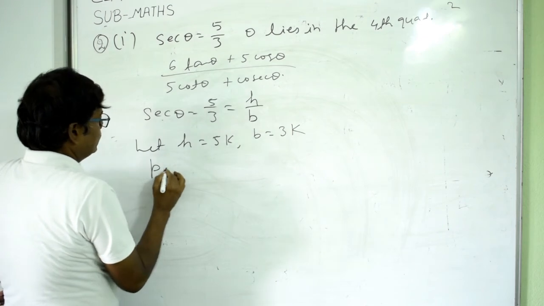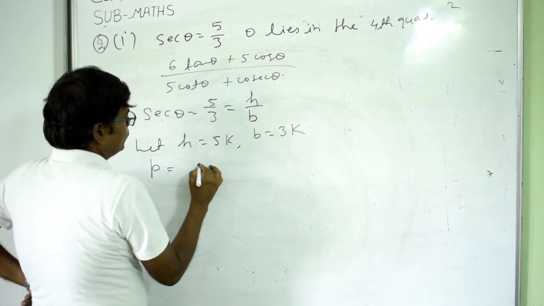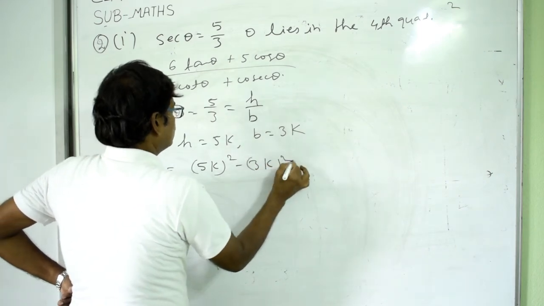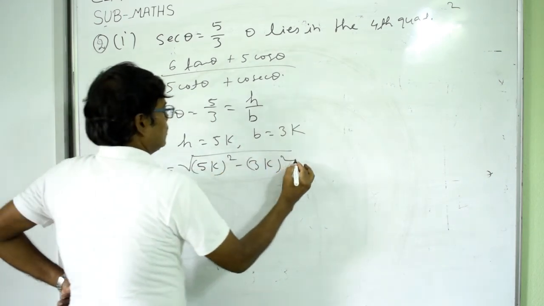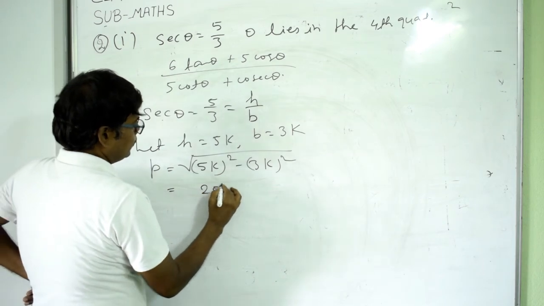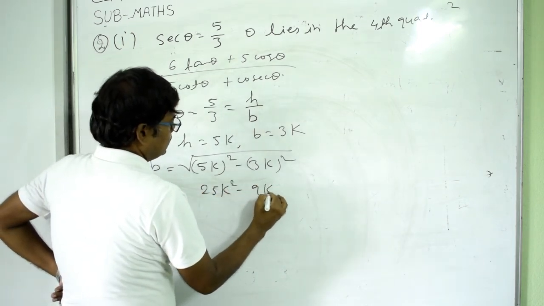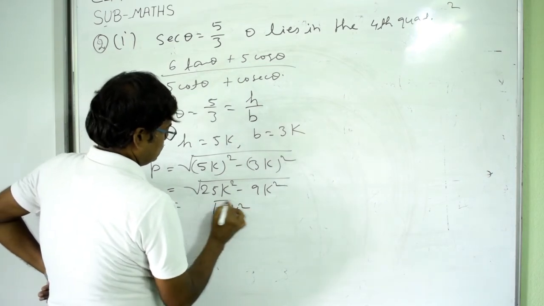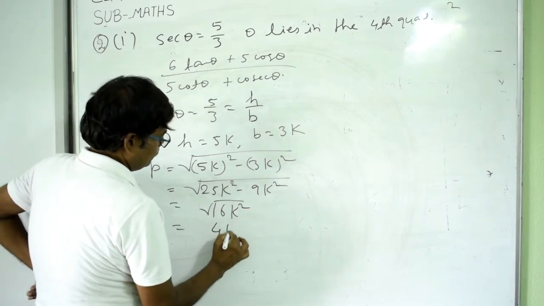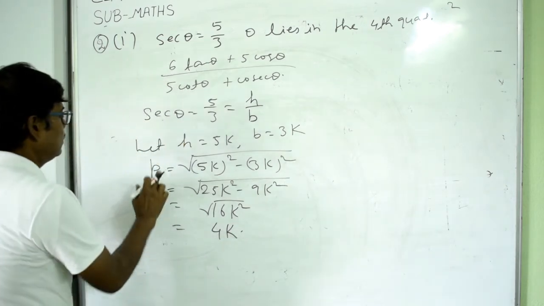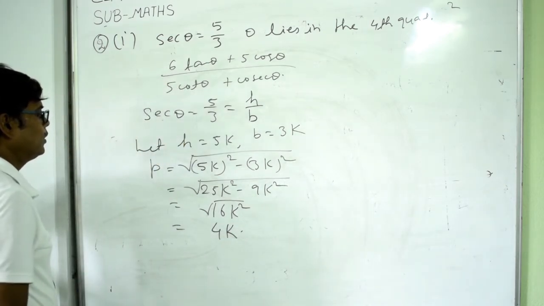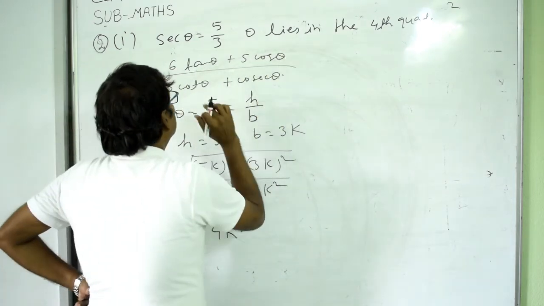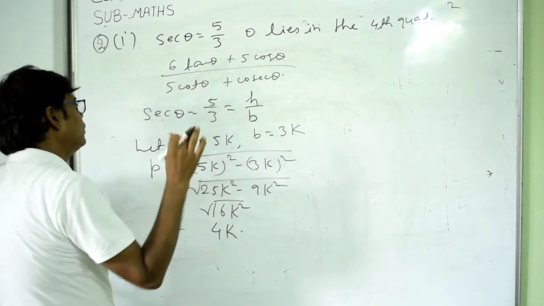Then the perpendicular equals the square root of 25k square minus 9k square, which equals 16k square, so the perpendicular is 4k. Then find the values of tan theta, cos theta, cot theta and cosec theta, and put the values here.